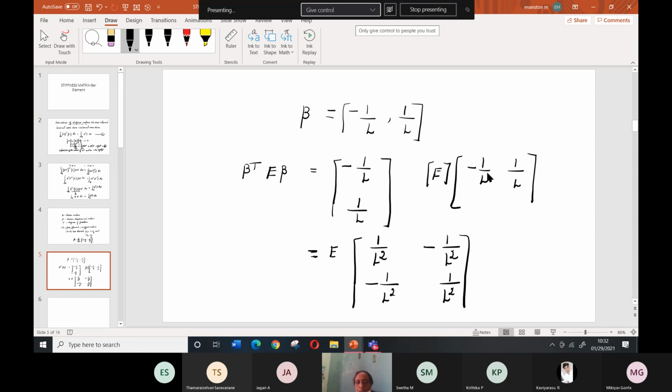First row into first column, then first row into second column. Then the next one, second row into first column, second row into second column. So I got this value.